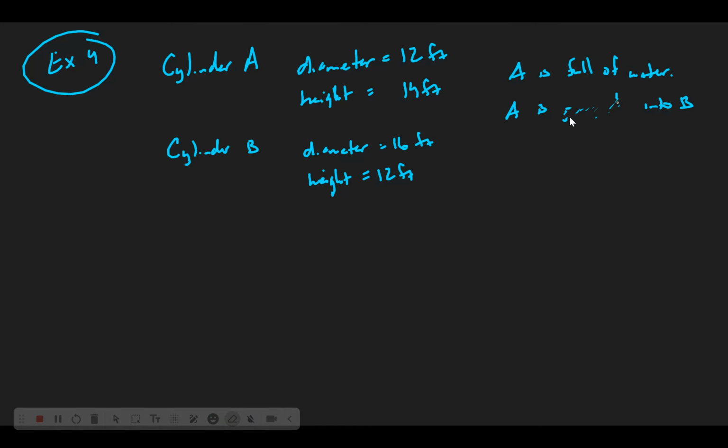A is pumped into B. So that means all the water from A is poured into B. The question is, what percent of B is empty? To the nearest tenth.